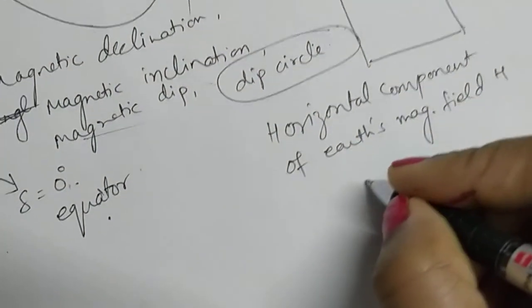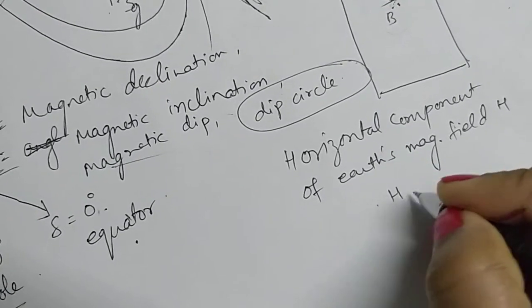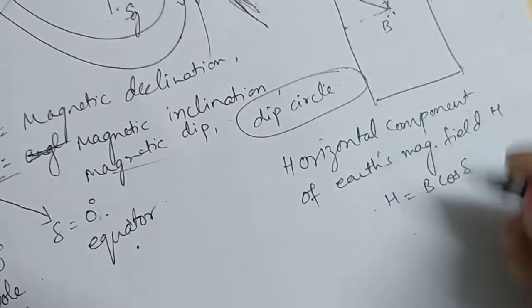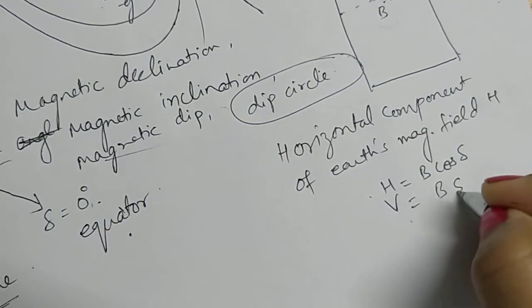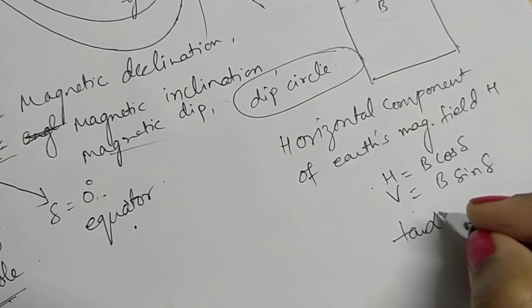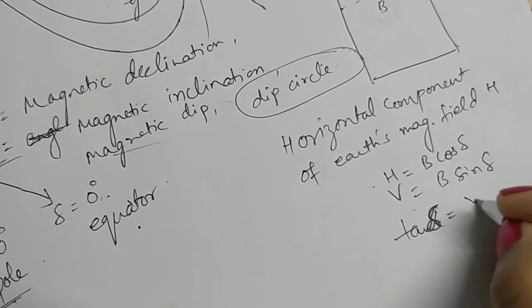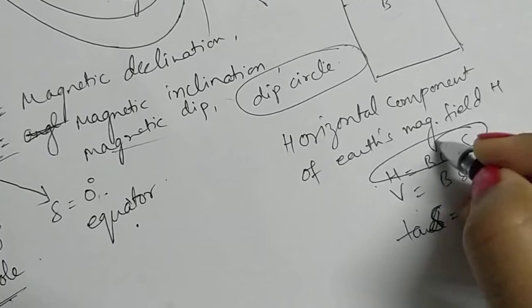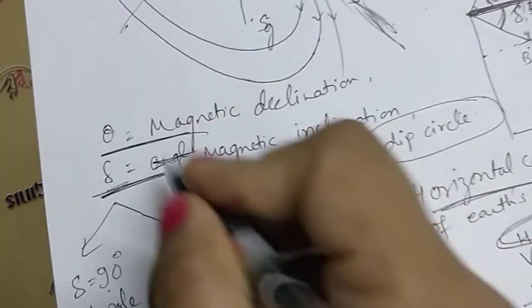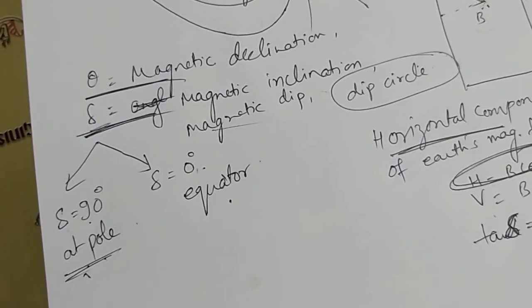So H will be equal to B cos delta. If I take the vertical component, then V is B sin delta, and then tan delta will be V by H. So these are the three basic components of Earth's magnetic field: horizontal component, theta and delta.